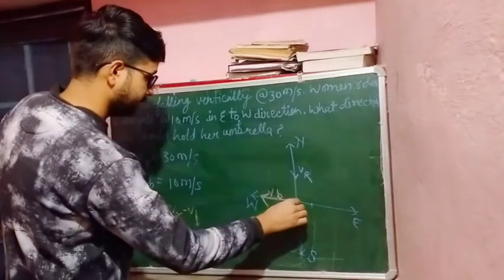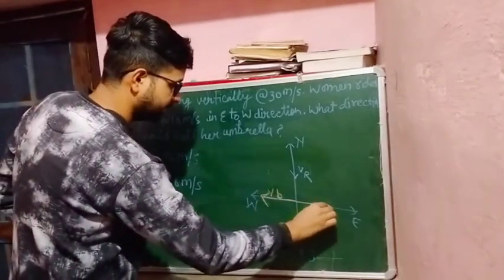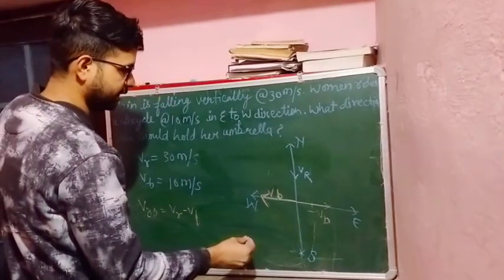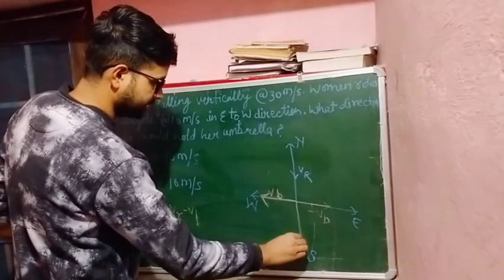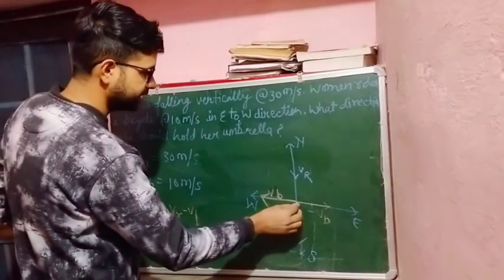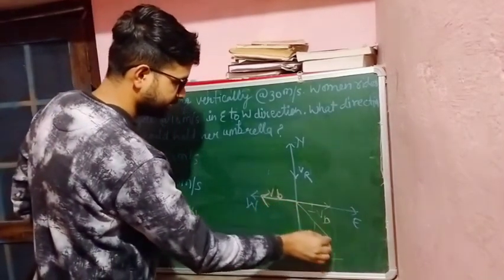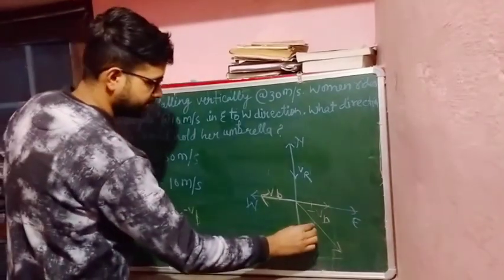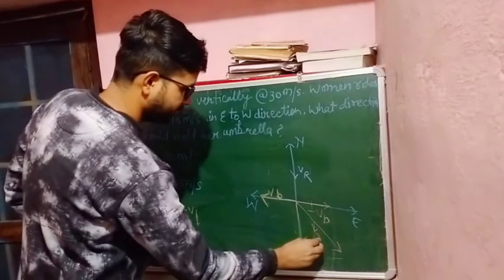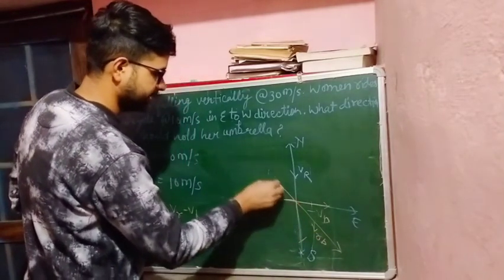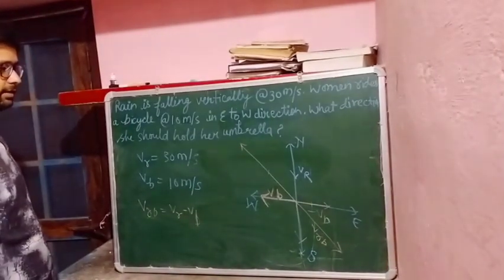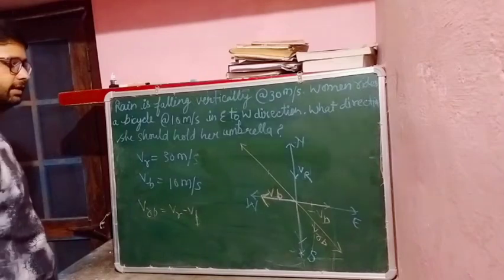We will find that if we take the negative of this, that becomes Vb, and rain is falling downwards, you can see like this, and the resultant of this is this. This is the resultant V of RB, VRB. This is the resultant of rain.